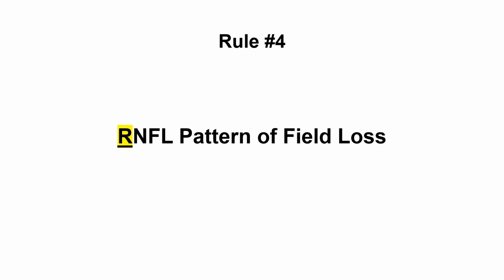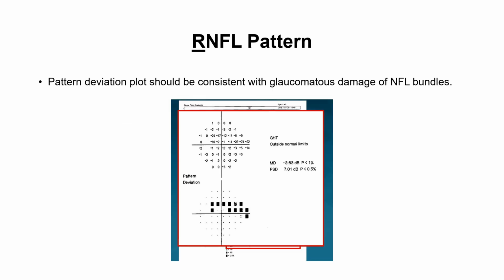Number 4, as we said, 3 rules. Now coming to rule number 4, the RNF layer pattern of field loss. Please always look at the pattern deviation plot, and this pattern deviation plot should be consistent with glaucomatous damage of the nerve fiber layer bundle.